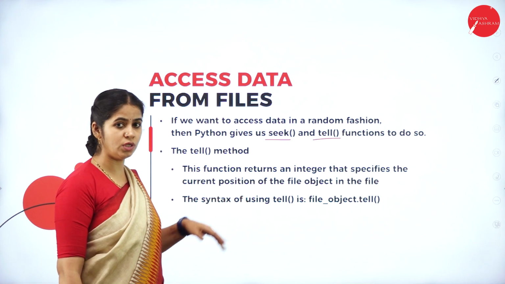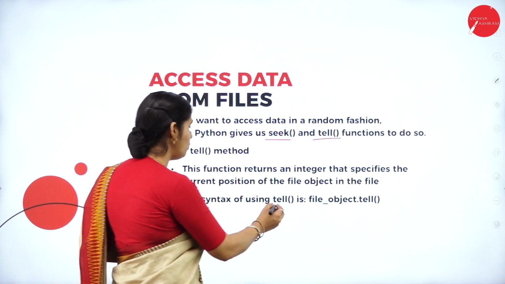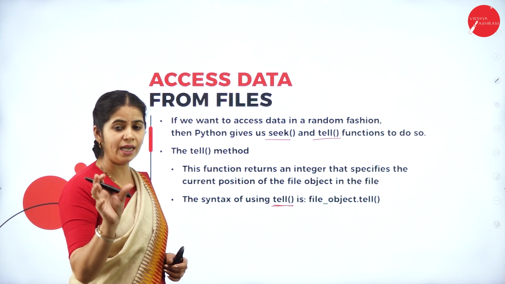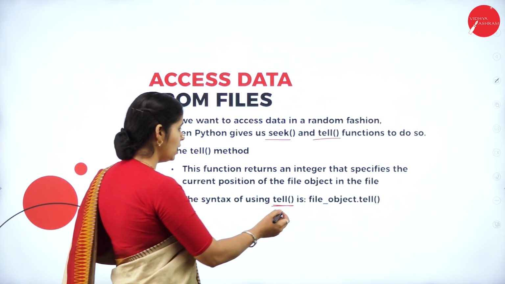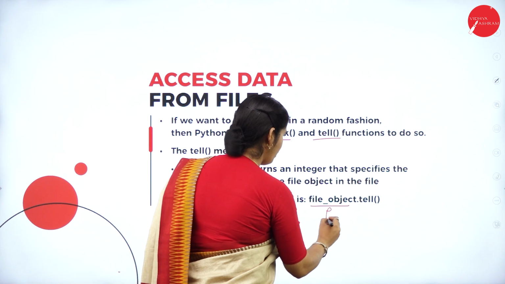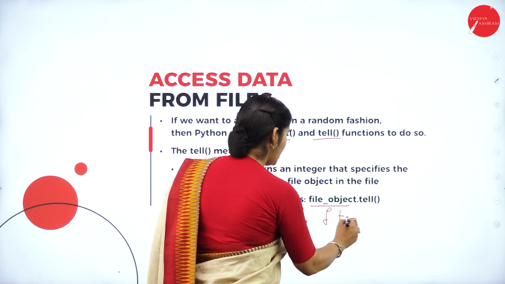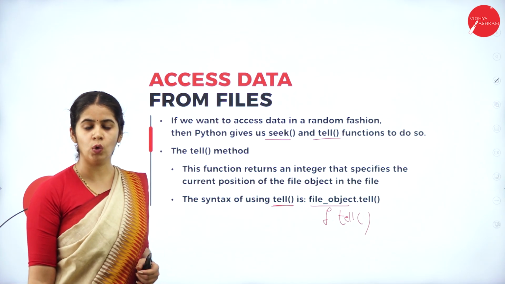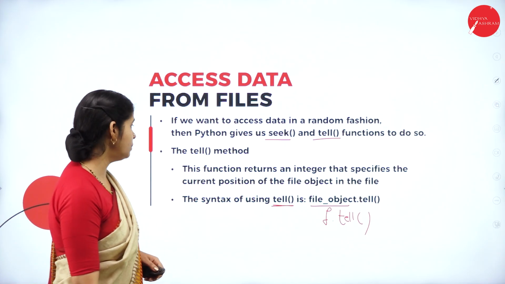The syntax of using the tell function is the file object, f, dot tell. If you call the tell function, it will give you the exact location where the data is present.